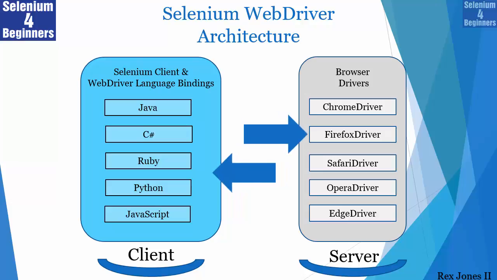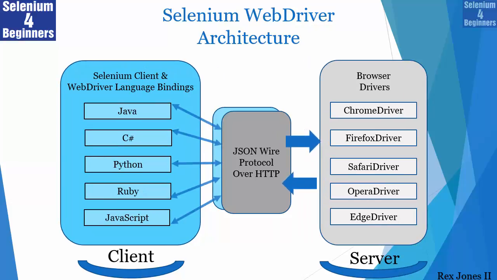After executing that request, the server sends back a response to complete their connection. Their connection is built around a JSON Wire Protocol over HTTP. JSON stands for JavaScript Object Notation, and HTTP stands for Hypertext Transfer Protocol.